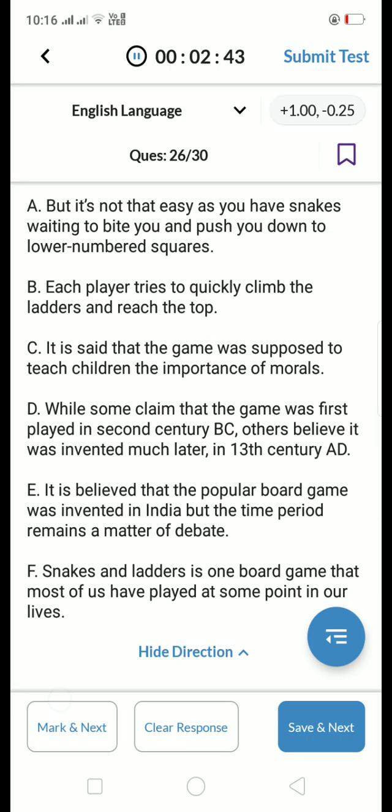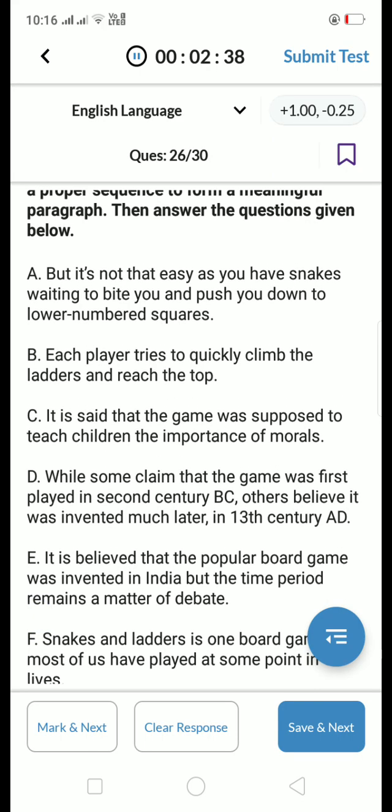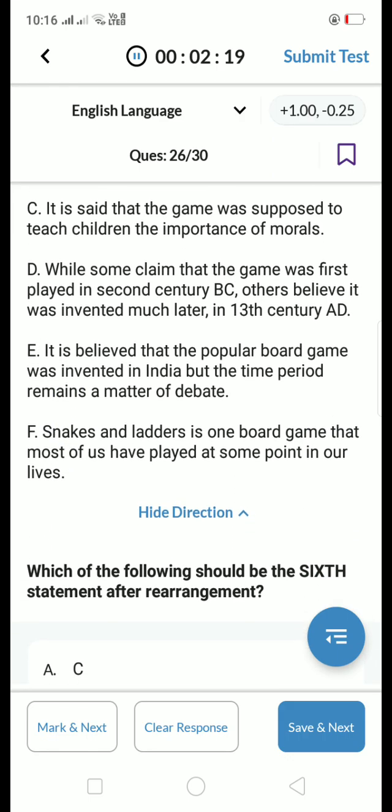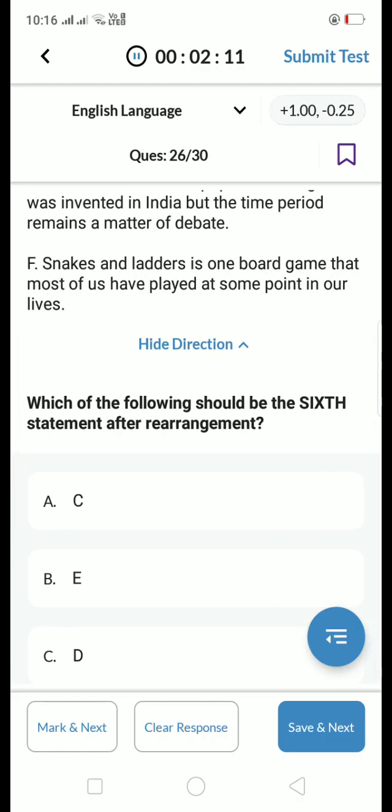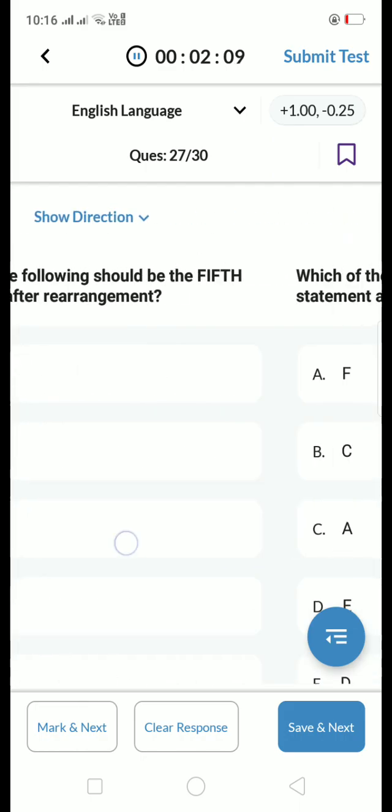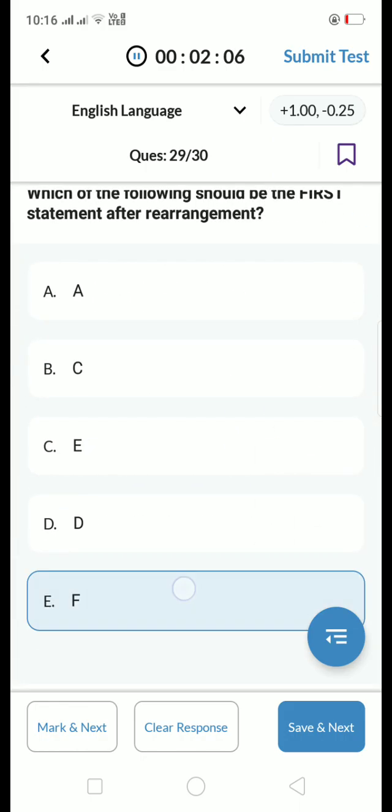1 2 3 4 6 statement is one board game that most of us have played at some point in our age. एक redundant subject नहीं लग रहा है तुम? 5th, 3rd, 1st, 2nd. ओके F से तो स्टार्ट है तो F तो डाल ही सकते हैं ना. फर्स्ट तो F है.